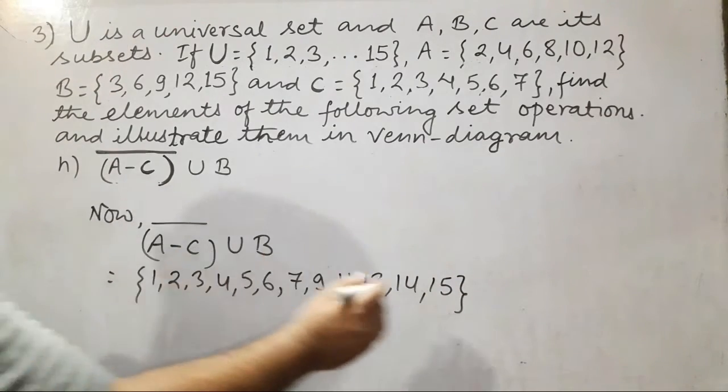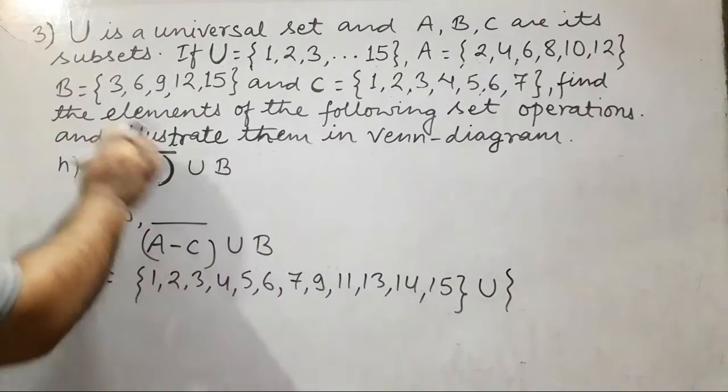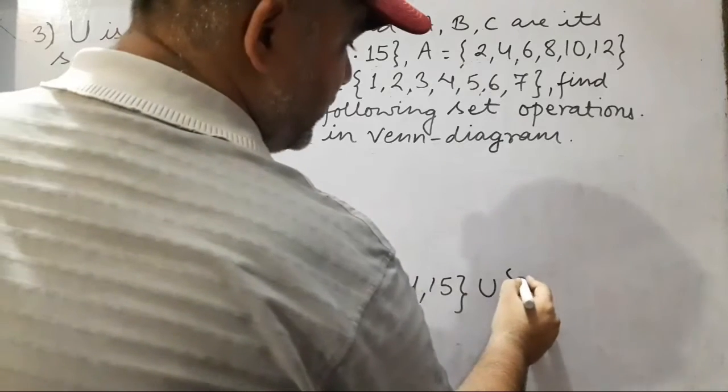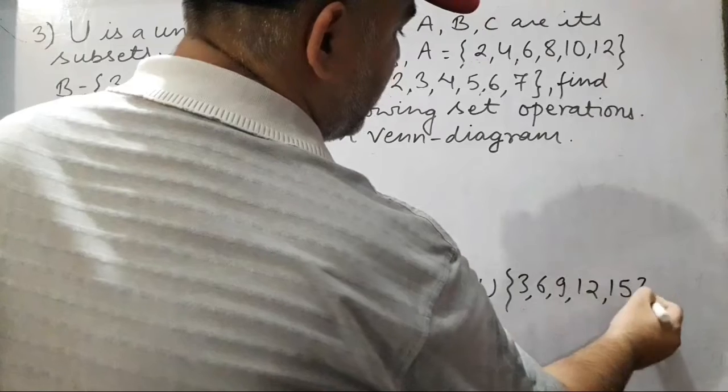Now union with B. The elements of B are 3, 6, 9, 12 and 15.